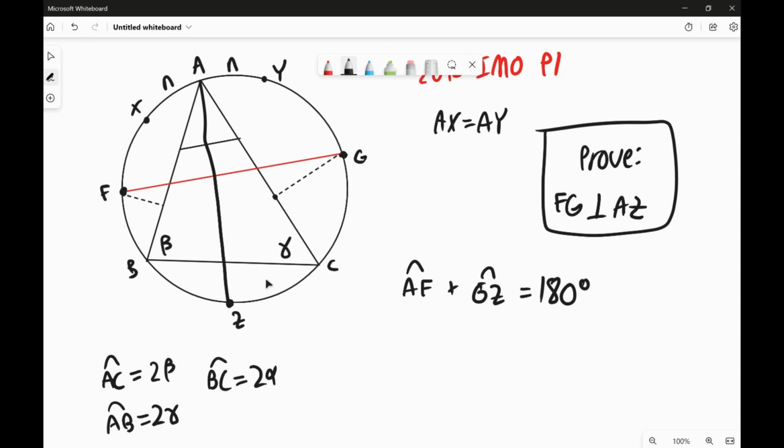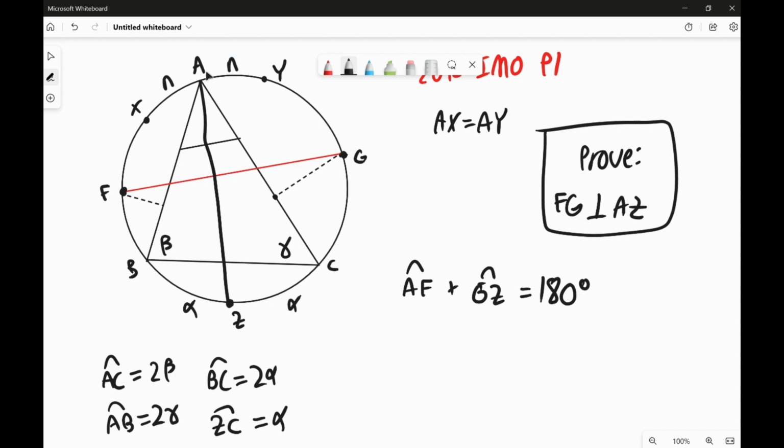And since we want to focus on point Z somehow, we want to look at ZC because ZC lies on CG. So that means that arc ZC is equal to alpha. So that's alpha, alpha, and then this is 2 beta and 2 gamma.